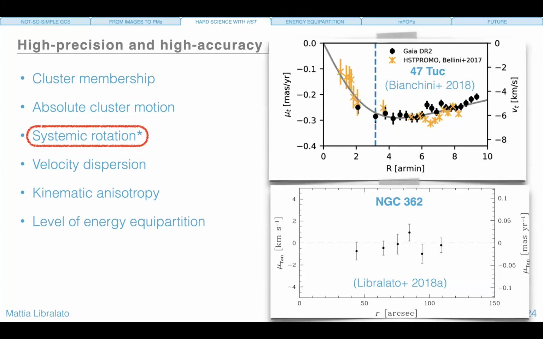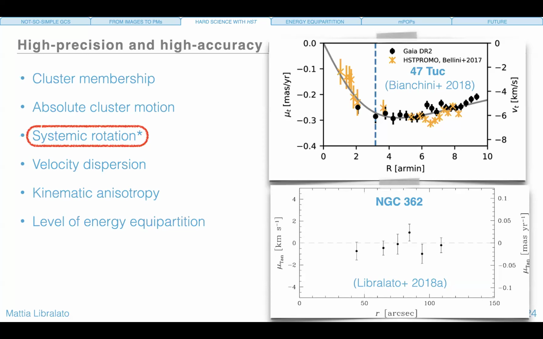Because, for example, if there is a substructure that rotates extremely fast, you might be able to see a kinematic anisotropy in the stars. So again, putting all the different pieces together, you can properly interpret what you see. And this is extremely useful for the modeling and also gives you some direct insight about globular clusters and their dynamical life.